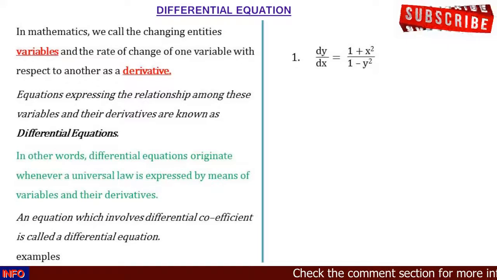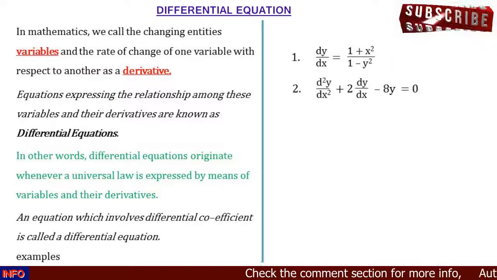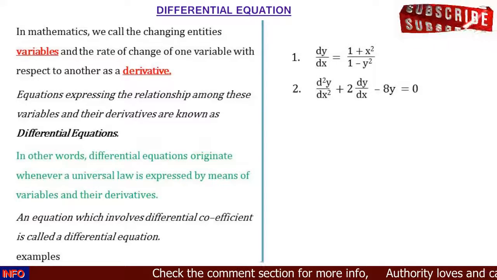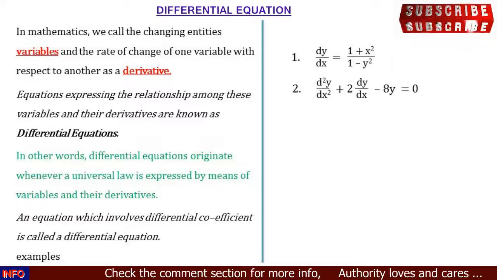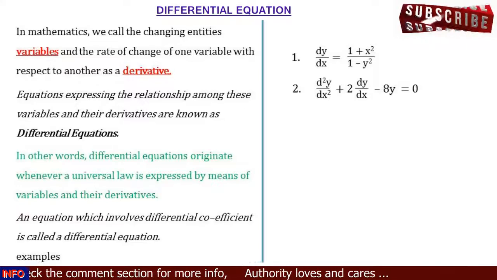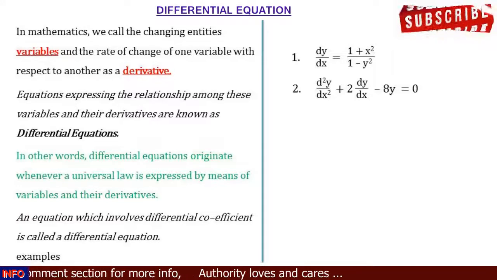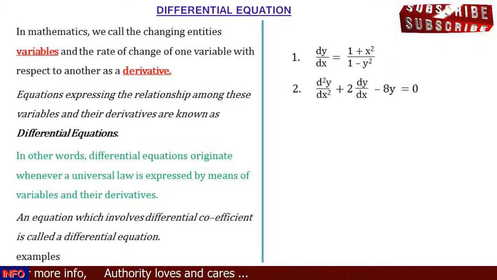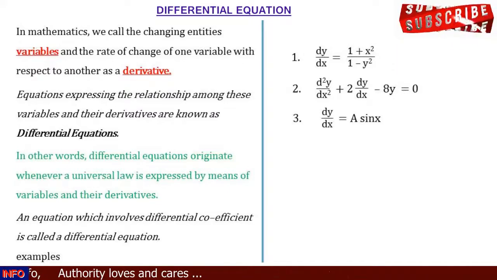Now the next one, we have d squared y over dx squared, that is the second derivative, plus 2 dy/dx minus 8y equals 0. This is another example of a differential equation. So we have another one, dy/dx equals a sine x.